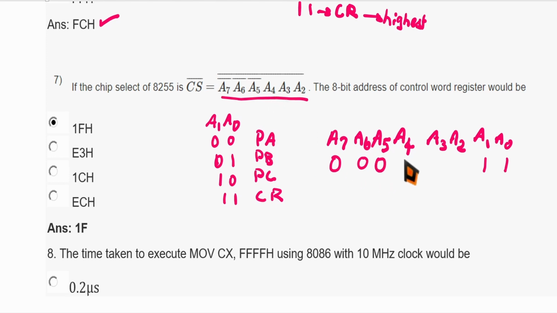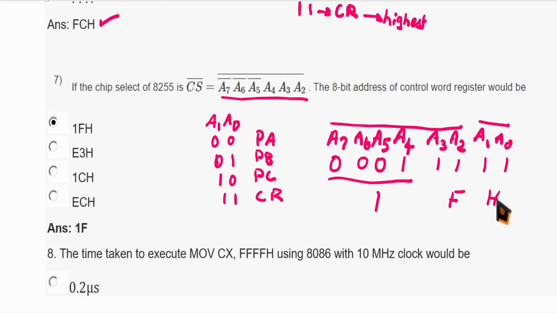Here A4, so A4 should be 1. A3, 1. A2 is also 1. So for these 6 lines, chip will be selected and using these two address lines, control register will be selected. So the address of the control register will be, this is 0001, so 1. This is 1111, so F. So 1FH. The control word register will be selected if the address is 1FH. So it is here. So this is right.